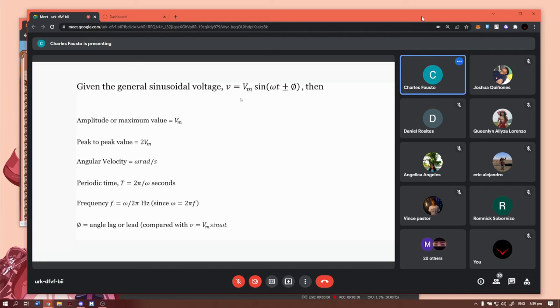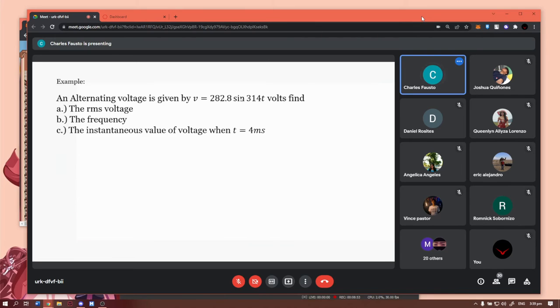No? And yung phi natin is equivalent to angle lag or lead compared with v is equivalent to Vm sine omega t. Okay? So, let us have an example.